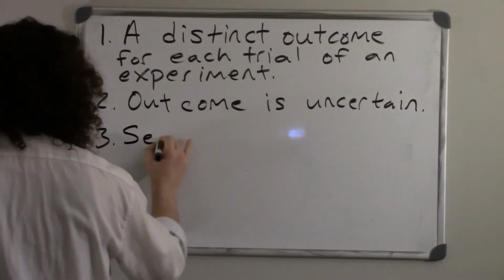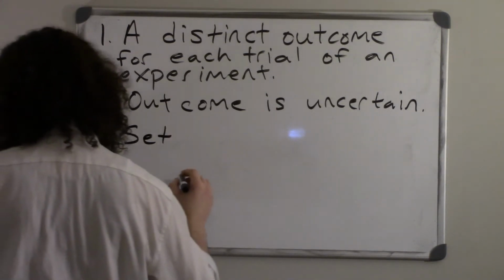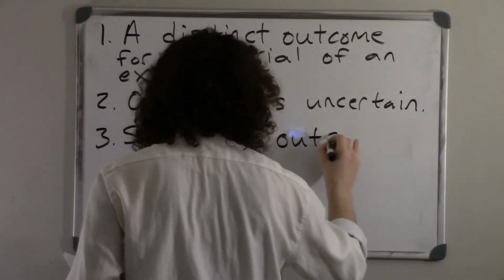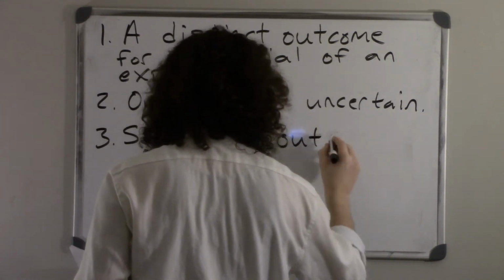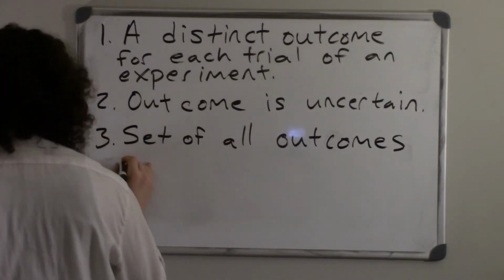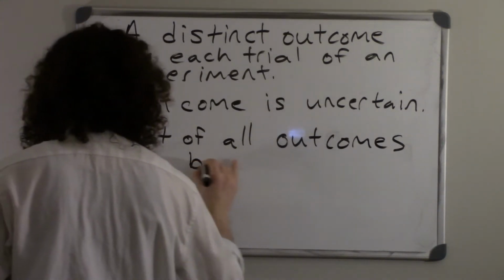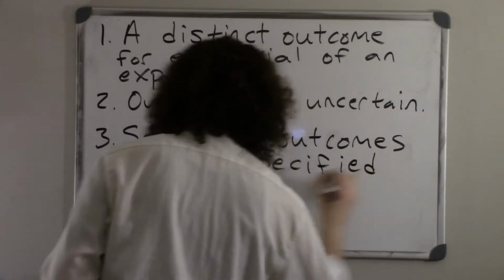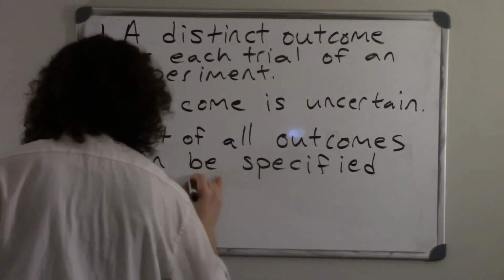All right, and then the third is that the set of all outcomes can be specified and is called the sample space.